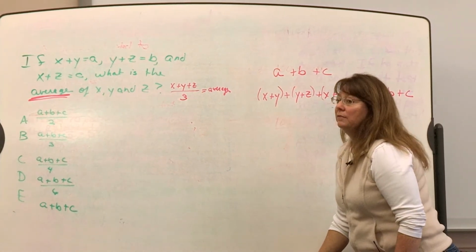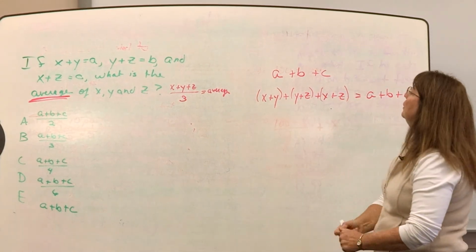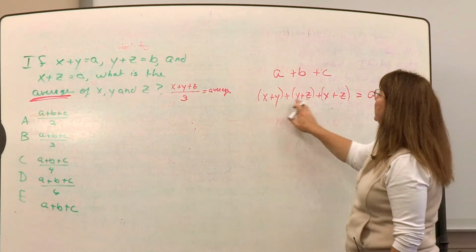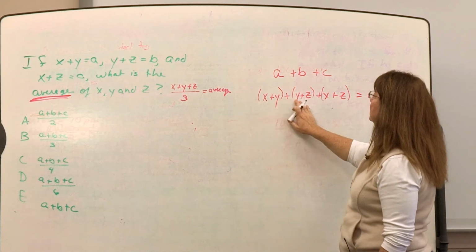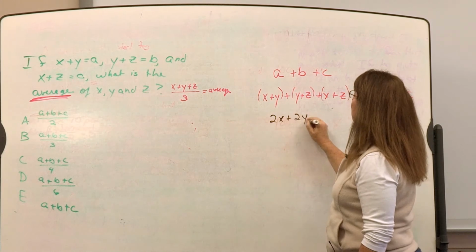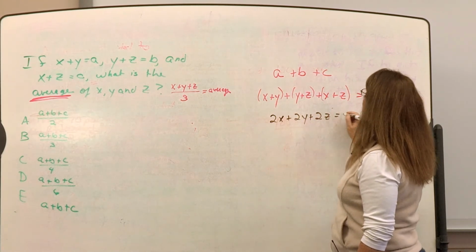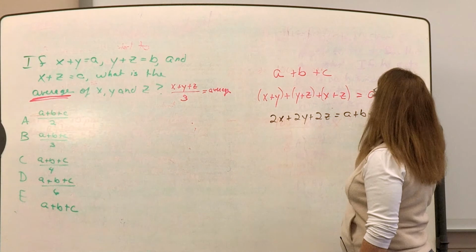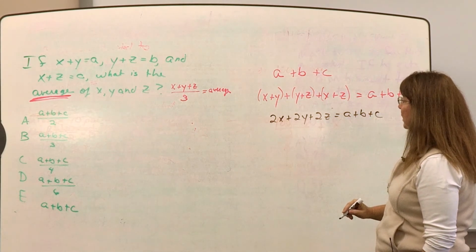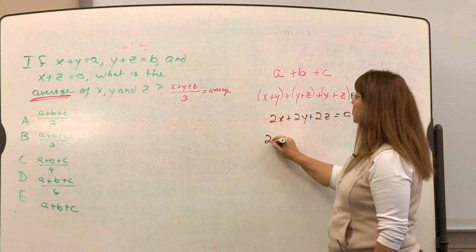But I want to combine what I've got on the other side. I've got 2 X's, I've got 2 Y's, I've got 2 Z's. I could factor that 2 out.